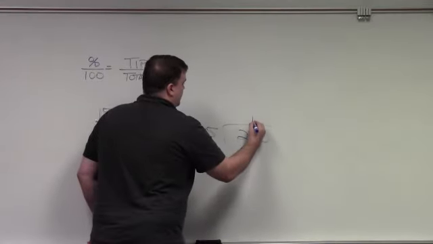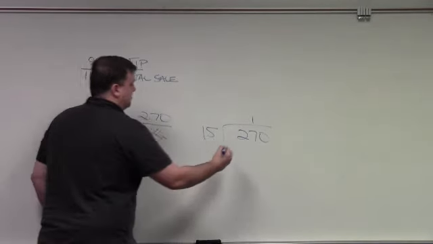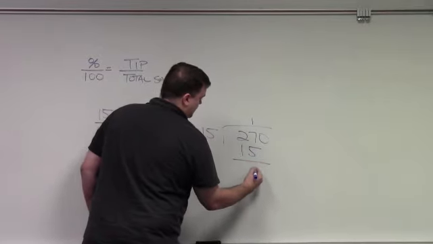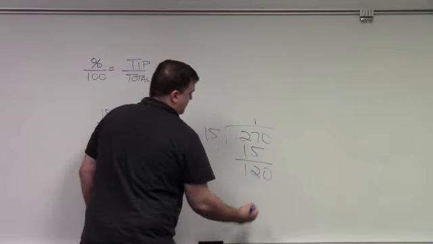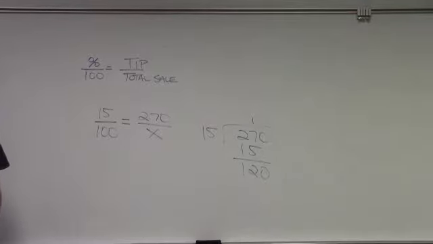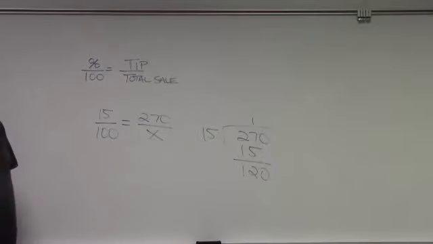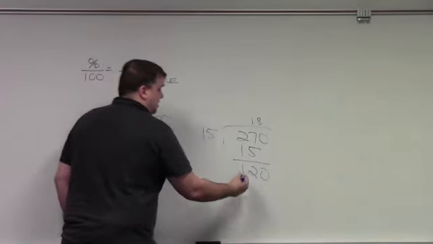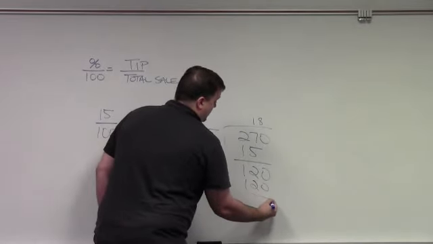15 can go in there one time. How many times can 15 go into 120? 8. And 8 times 15 is exactly 120.